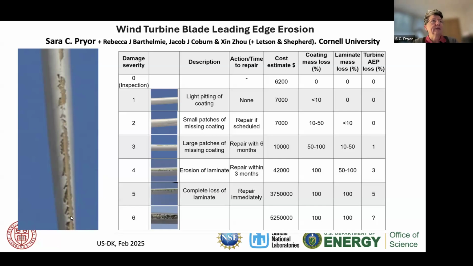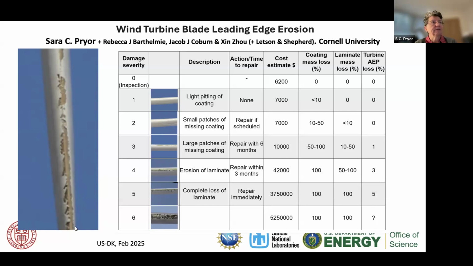The critical point is this coating is to protect the underlying fibers that are themselves pretty readily eroded. So when I talk about time to erosion, I'm really saying time to the point at which the coating is removed and we start to get mass loss of the underlying material.